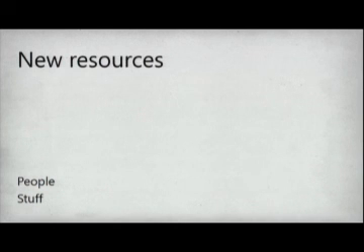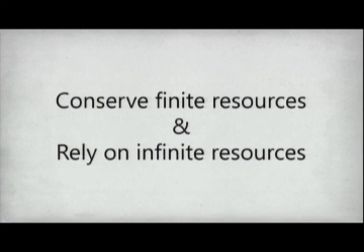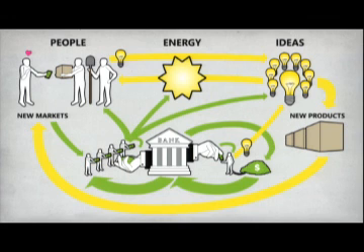And if we can find a way to conserve our finite resources, such as potable water and fossil fuels, and rely more on infinite resources like the sun and gravity and ideas and the energy that human beings have to work, we can come up with a system that adds to that core cycle of debt and investment, constantly adding new stuff to the system.